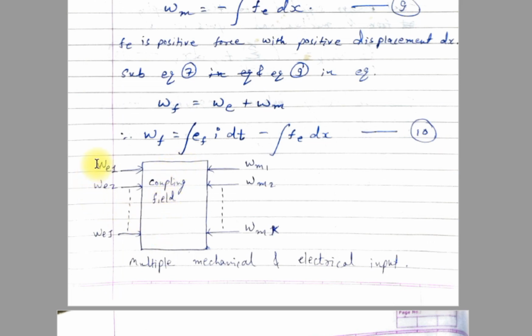Now let us assume that in the electrical system we have J inputs. So the inputs would be like WE1, WE2 till WEJ. And in the mechanical system, let us assume that we have K inputs. So the input nomenclature for the mechanical side would be WM1, WM2 till WMK.